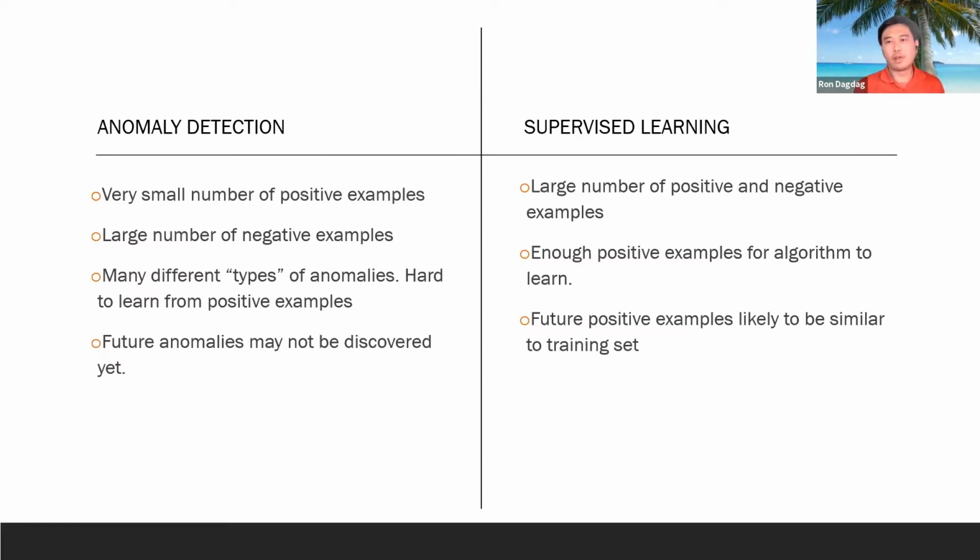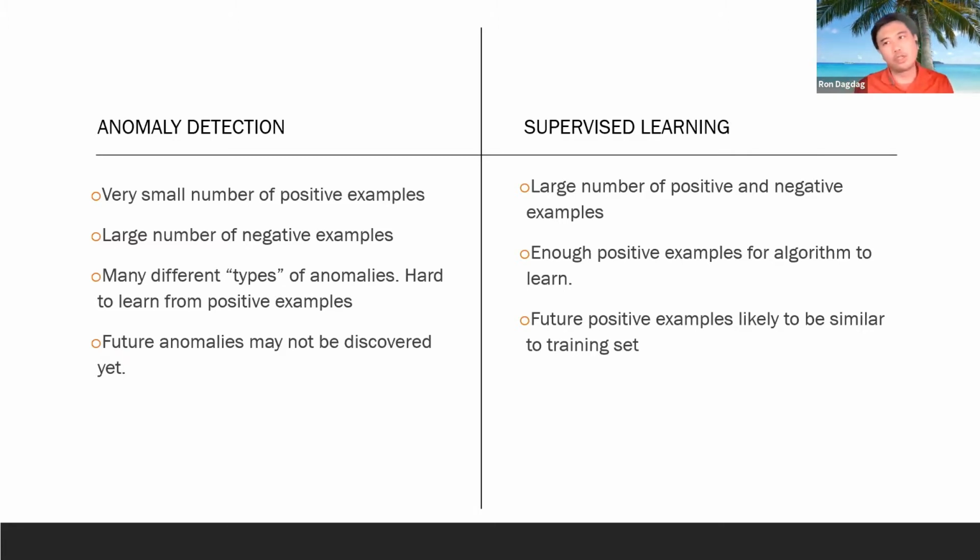So, different types of anomalies: it's harder to learn from the positive examples. Sometimes it's harder to identify that, hey, this is an anomaly or not, based from those positive examples. And we haven't discovered all the possible anomalies that can happen.